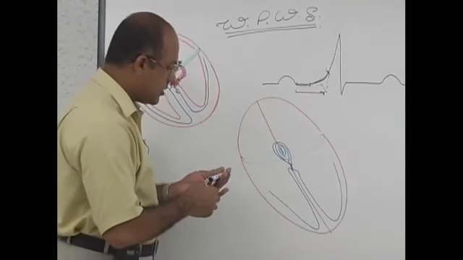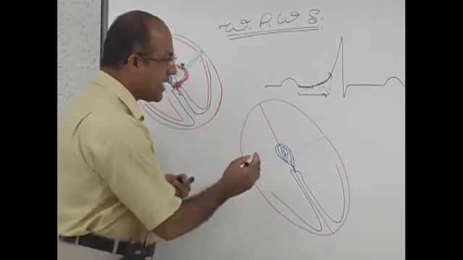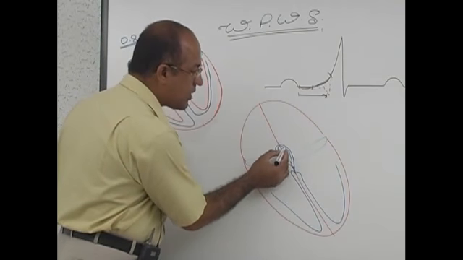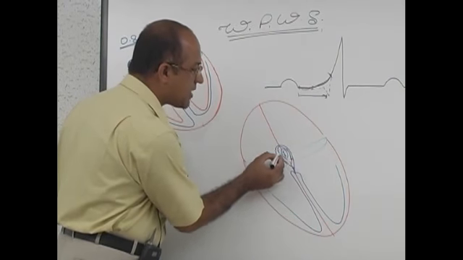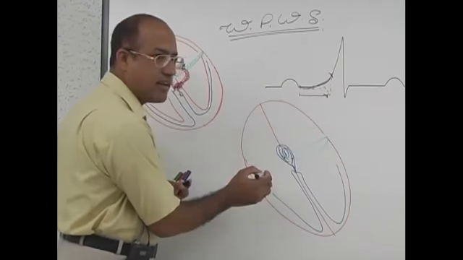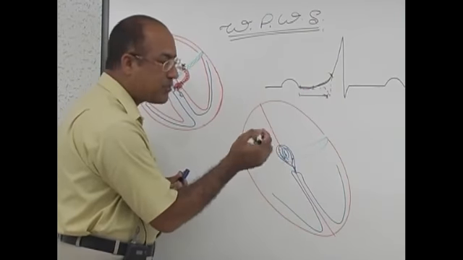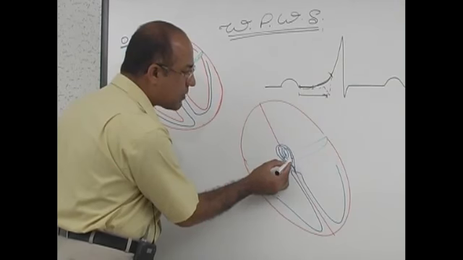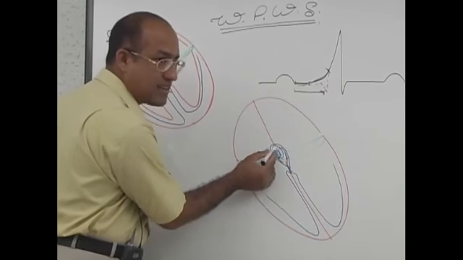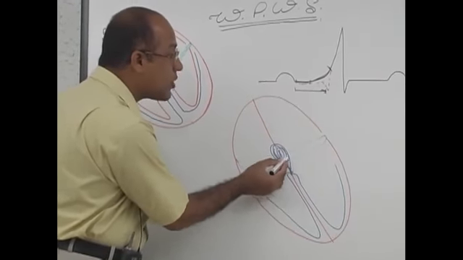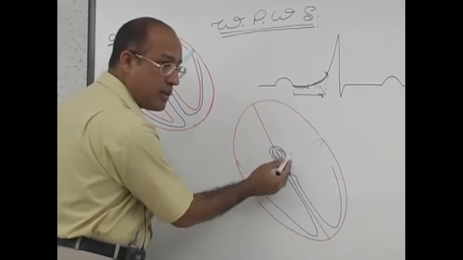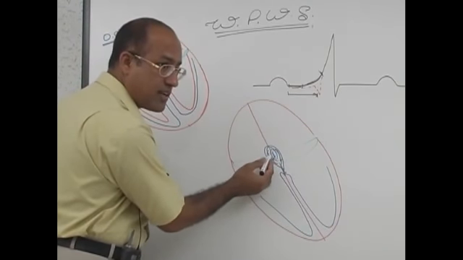Listen, if someone has a problem within the AV node and one pathway conducts fast, another pathway conducts slowly, right? Then by chance, sometimes it is possible that the current from the fast pathway goes down as well as re-enters. We say intranodal re-entrant phenomenon.